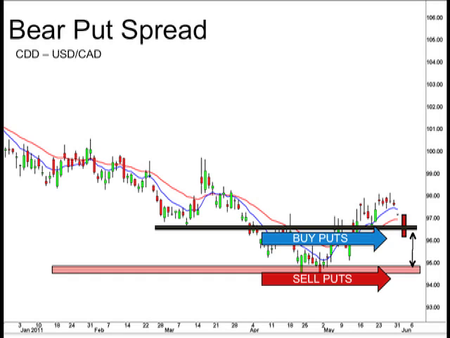If we felt that perhaps there was a greater downside potential for the CDD, then we would go back and look at a bigger time frame and perhaps find a lower support level, conceivably all the way down at this 93 level if the price charts dictate that.